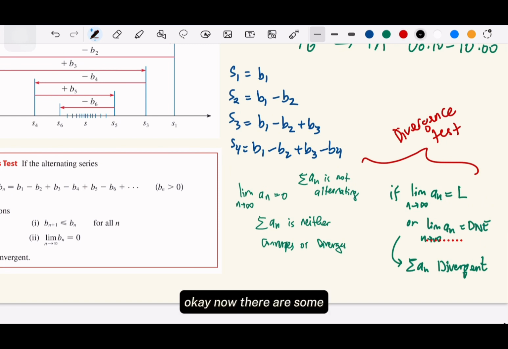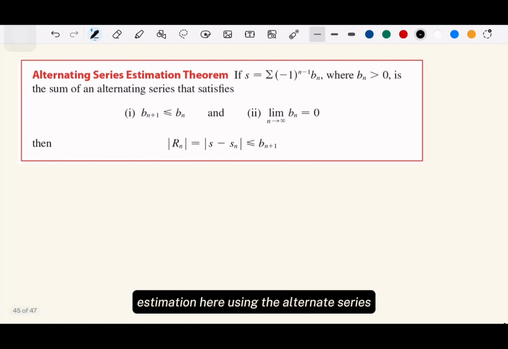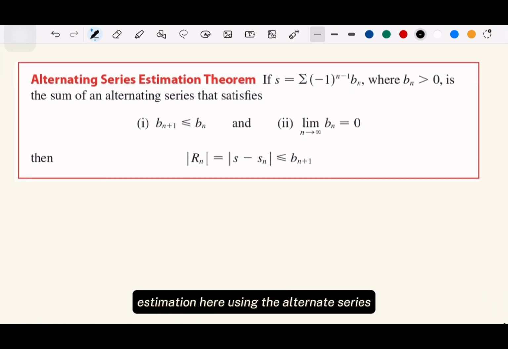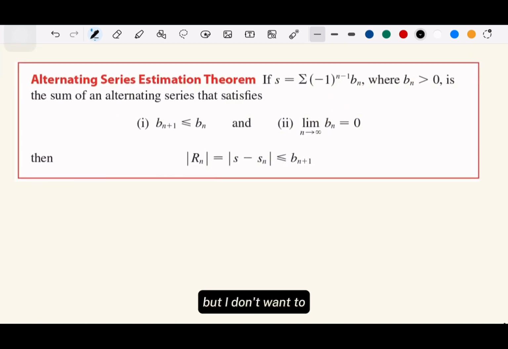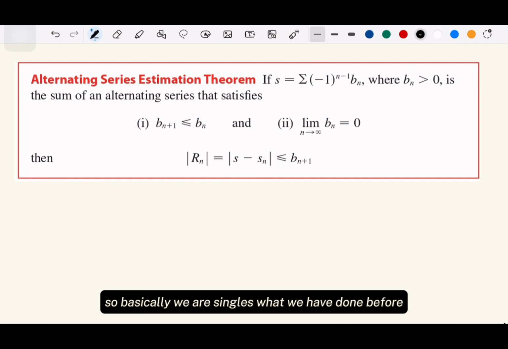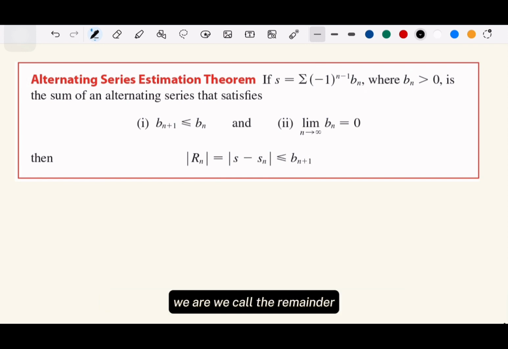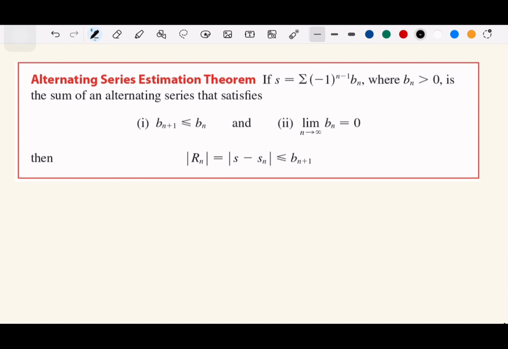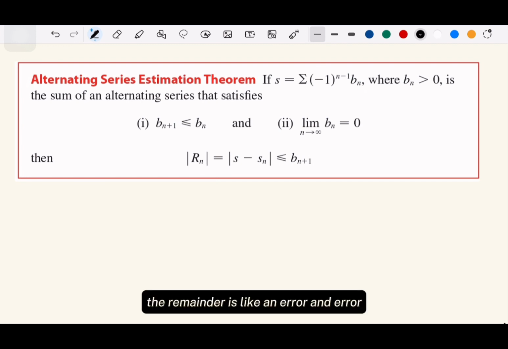Okay, now there are some estimation theorems using the alternate series, but I don't want to get too long on this part. Basically, similar to what we have done before, the R we call the remainder. The remainder is like an error.